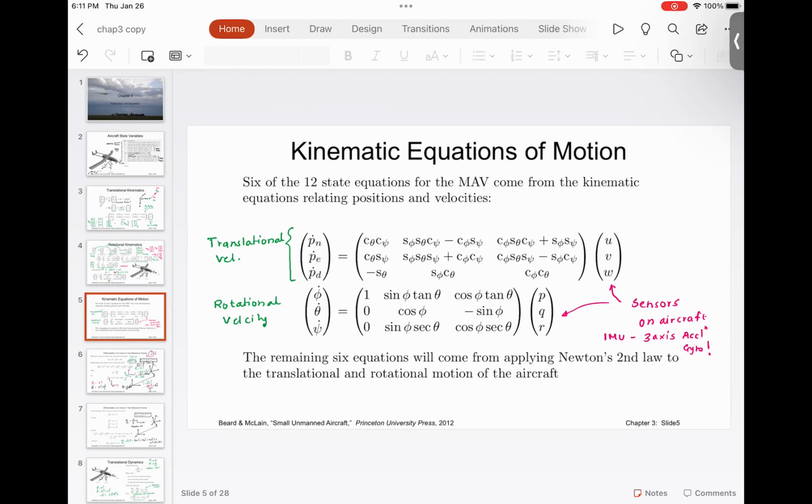They have a singularity at 90-degree pitch. So in today's class, we are going to look at something called the quaternion formulation. That means, how do we change these equations so that they do not suffer from gimbal lock or the 90-degree pitch singularity.